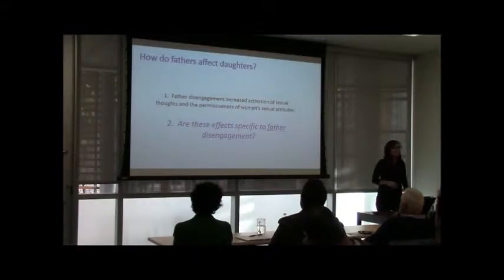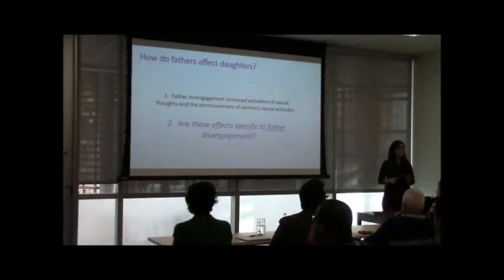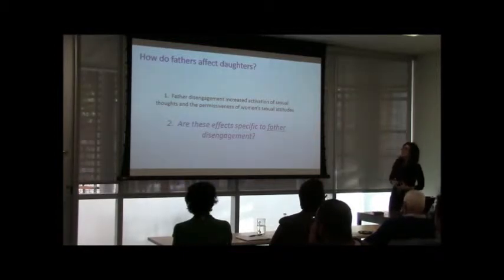So taken together, the results of these first 2 experiments, A, sort of validate our priming procedure, and B, suggest that father disengagement may lead to shifts in women's sexual attitudes and perceptions that could potentially contribute to some of the risky sexual behaviors that we see playing out in the real world in response to low-quality paternal investment.